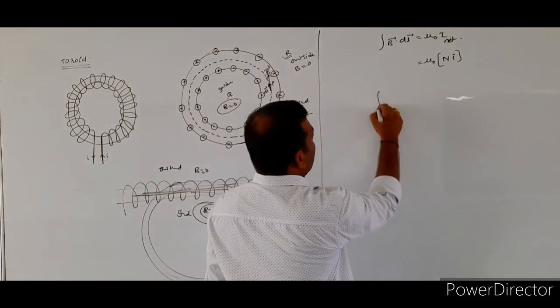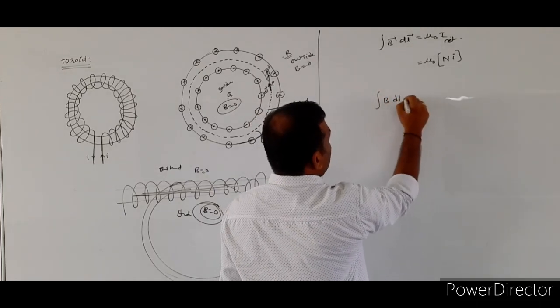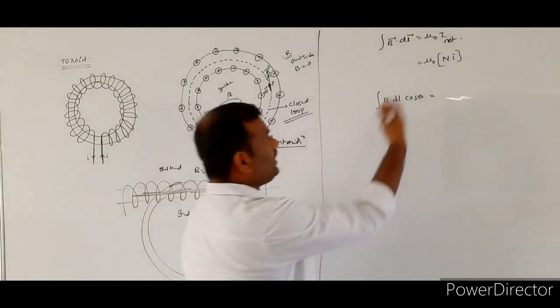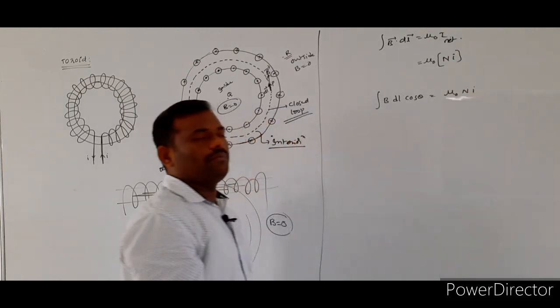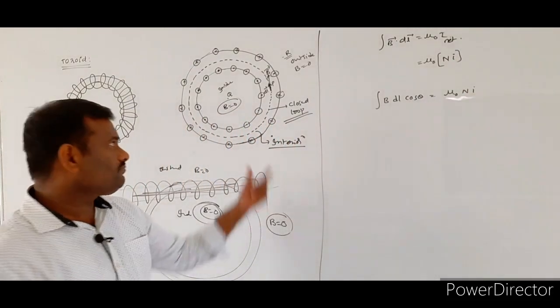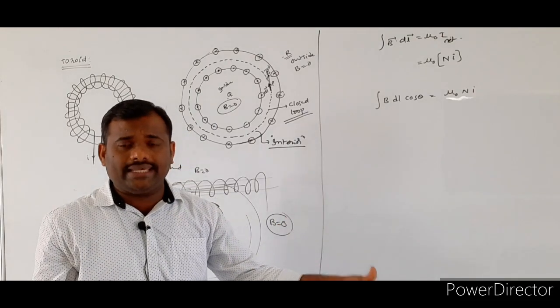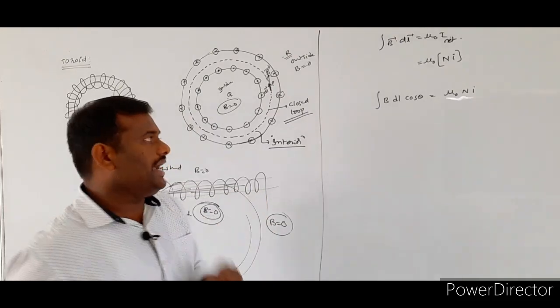So the line integral of B bar dot dl bar is equal to B dl cos theta, and the right side value is mu naught into N into I. At each and every point the magnetic field intensity remains the same, because all are identical loops.